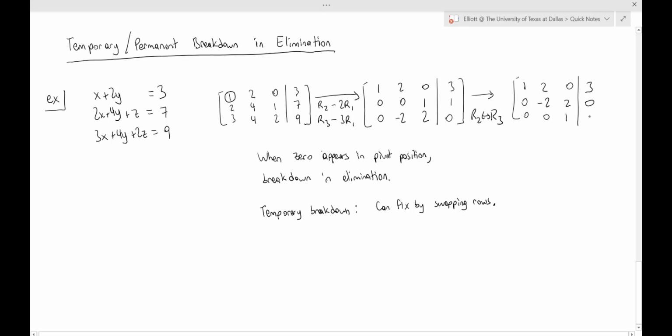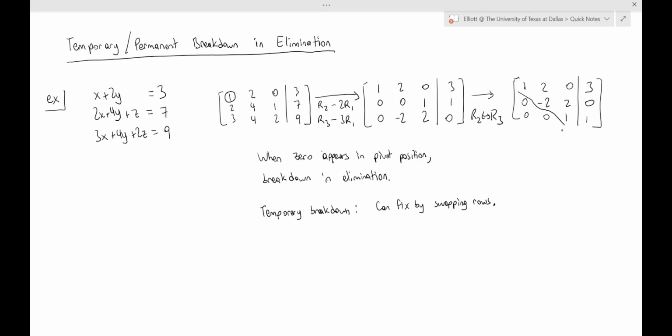But then also we actually don't really need to do any more elimination, because once we swap rows, it's already in the upper triangular form. So we would stop.